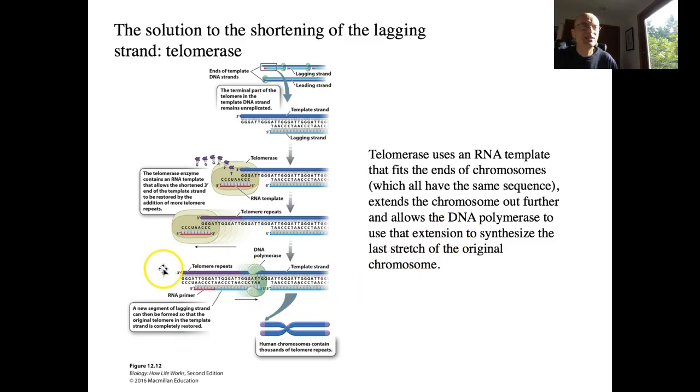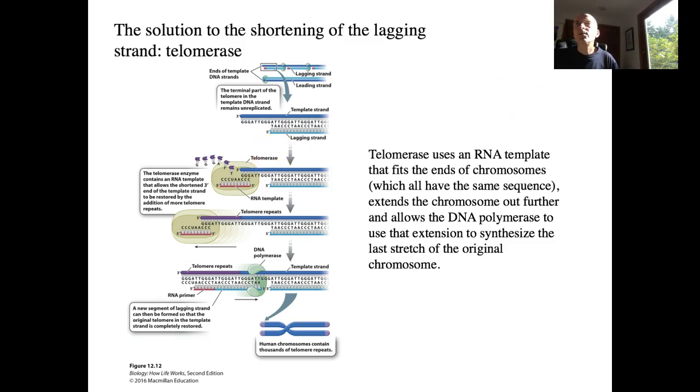So that extension that gets added on is then used as a template, from here on to here, right? That part is what we're after. This part is not coding for anything of interest, but this part is the part that we don't want to lose.